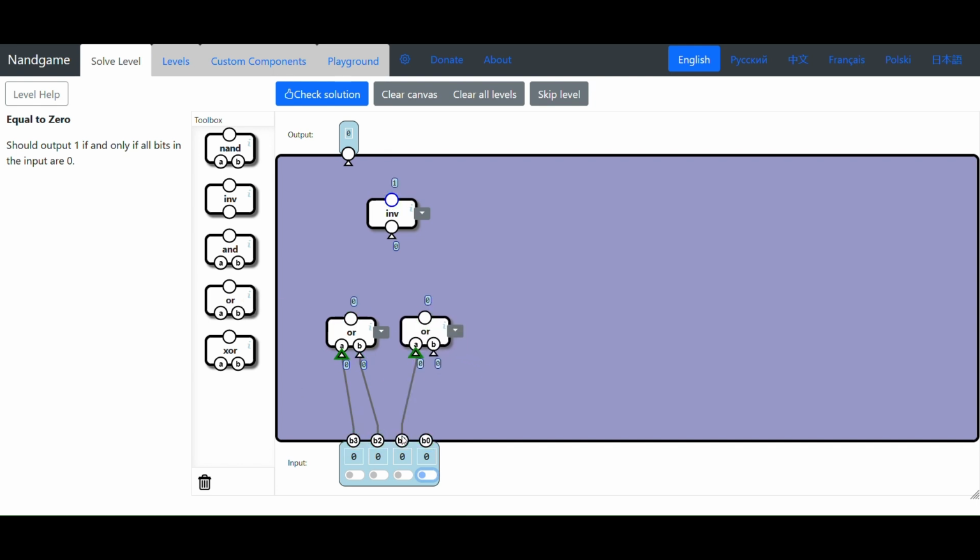So if any of these, I'll add one more to build a 4 input OR gate here. If any of these are 1, then the output will be 1. And if any combination of these are 1, the output will be 1 as well. It's only when all of them are off that it's 0. And if it's 0, then we want the output to be 1. There we go. And I think that's right.